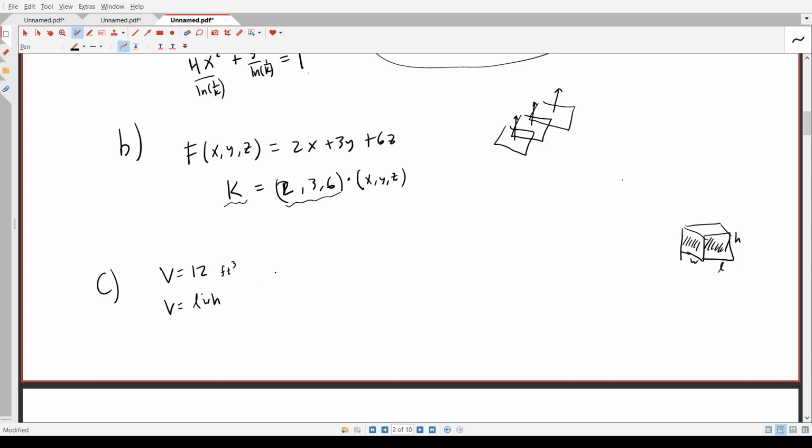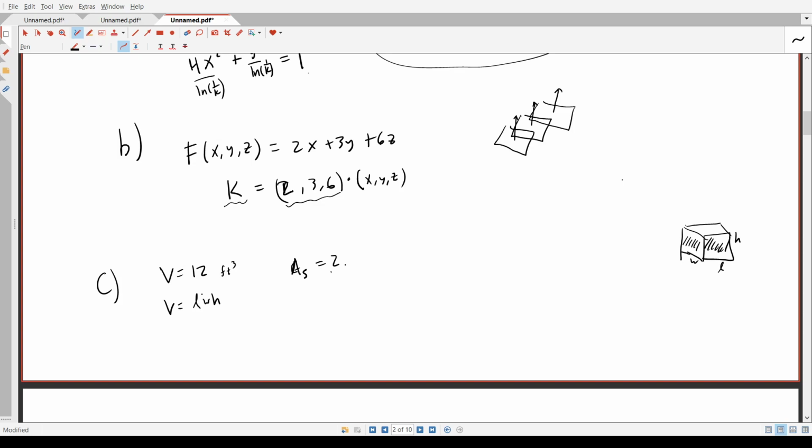Okay, now let's finish reading the question. The material for the sides is $3 per square foot. So the area of the sides, A sides, that's going to be 2.